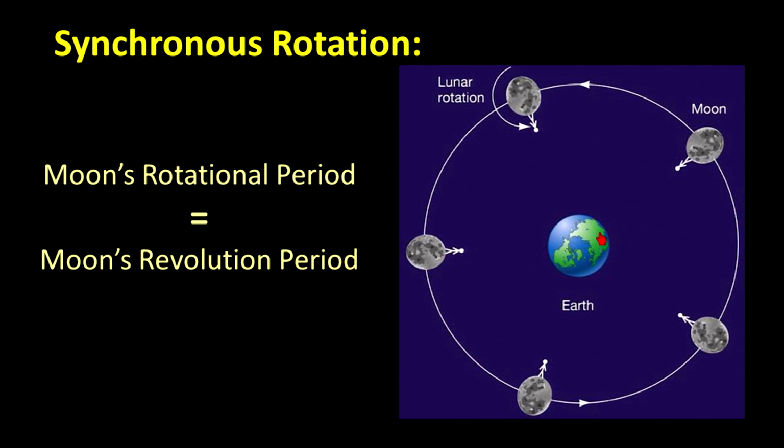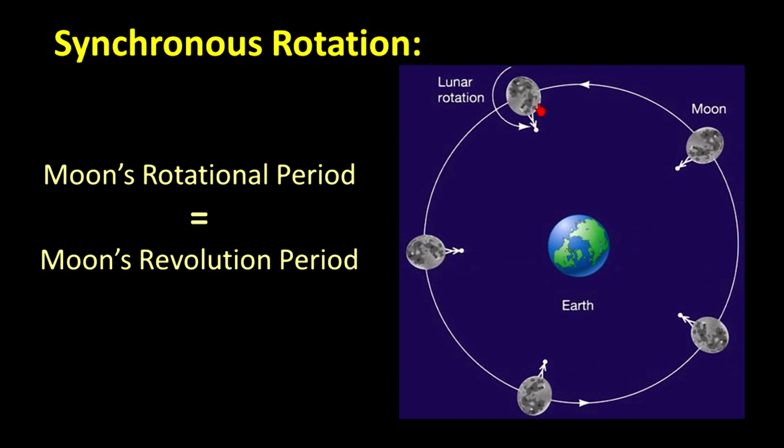So that means the Earth has to spin a little more than 27 times while the moon makes one single orbit around the Earth. So when we say synchronized, it's not synchronizing the spin of the Earth. The only thing that is synchronized is the spin of the moon with the orbit of the moon.